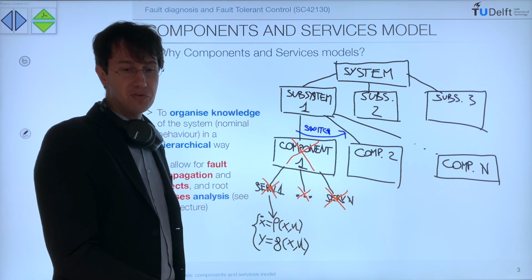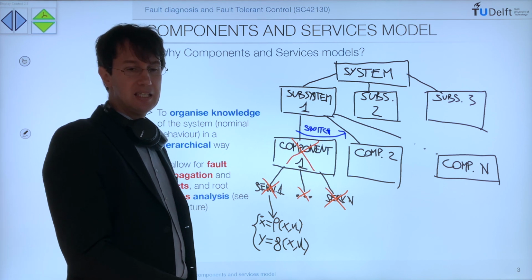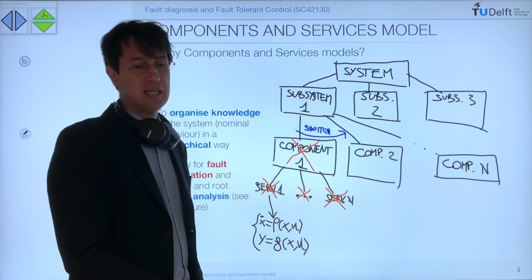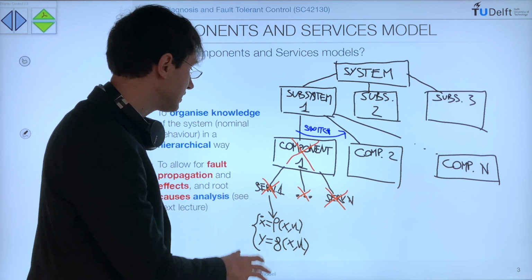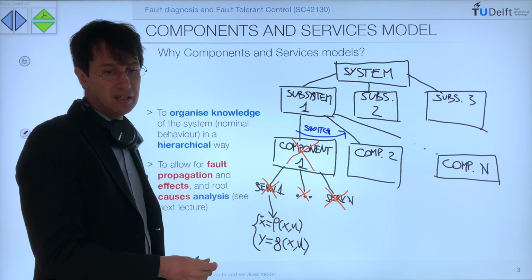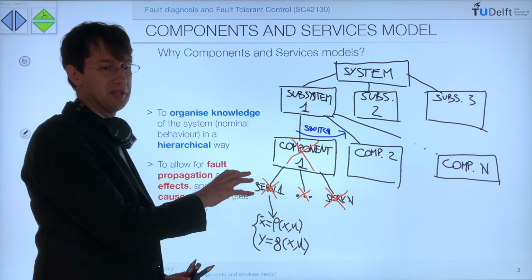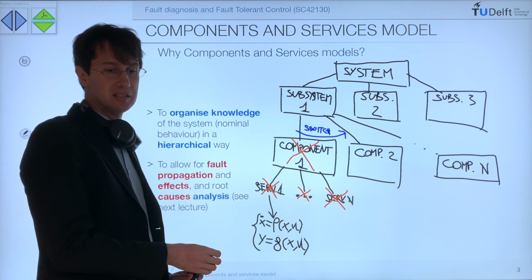They are called the fault tree analysis and the failure mode and effects analysis. And now let's go a bit more into detail, first of this model, the components and services model.